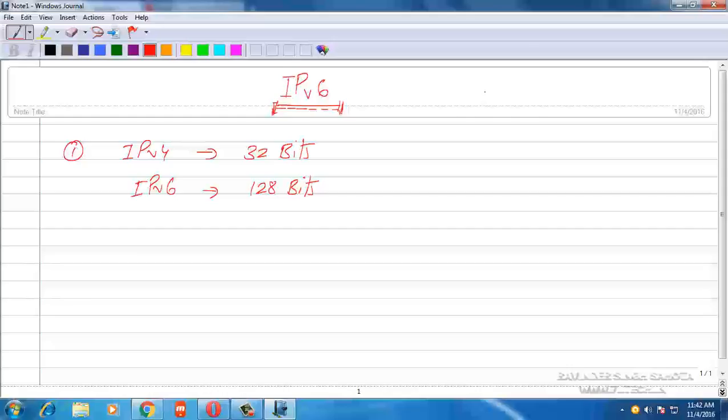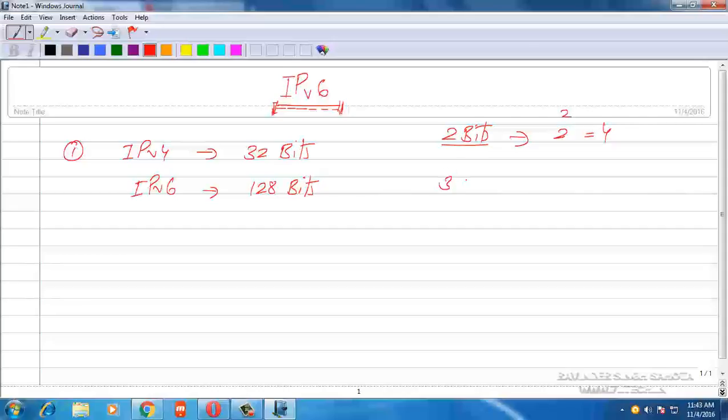As you know, in binary, with each increasing bit, the number of values we get doubles. For example, say if we have 2 bits, then the number of values we are going to get is 2 raised to 2, which is 4.